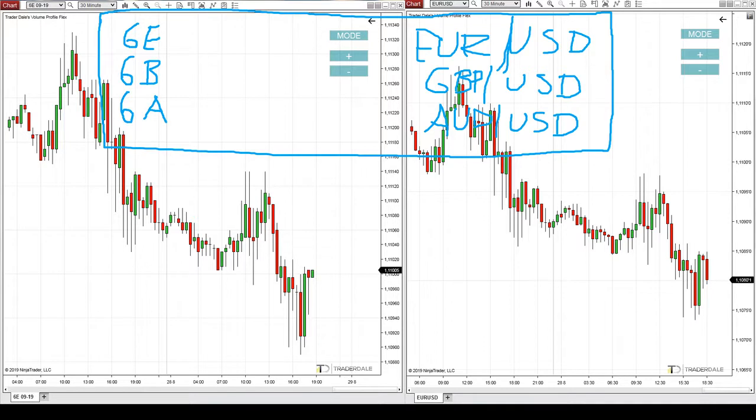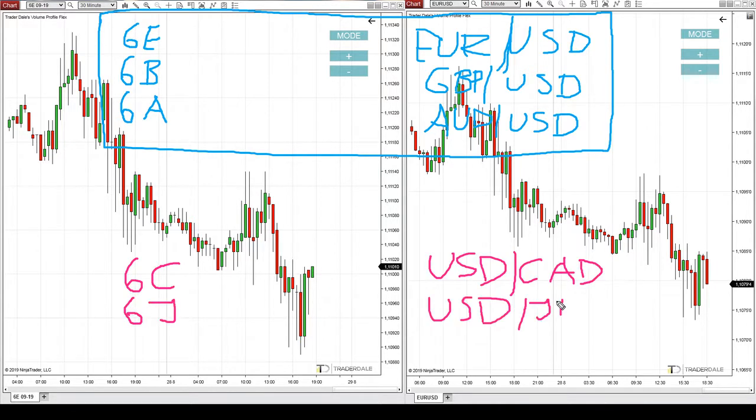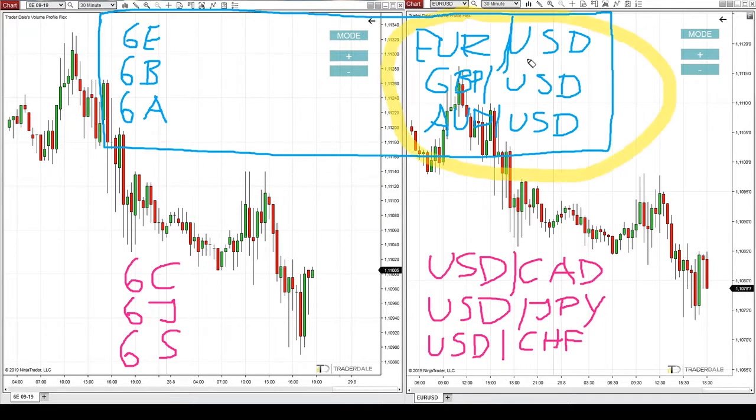However, it is a bit more complicated for futures on the Canadian dollar, Japanese yen, and the Swiss franc. The reason is that in the other cases the American dollar is quoted on the right side, like this: euro dollar, British pound dollar, Australian dollar, US dollar.